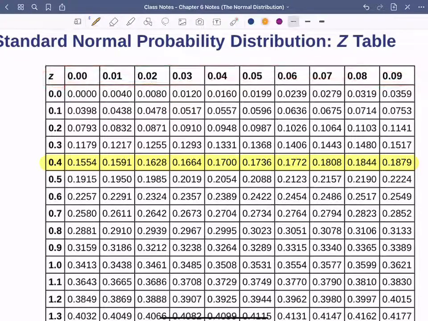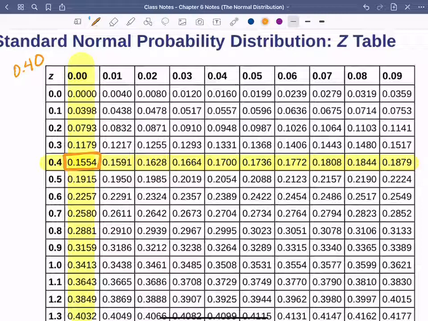So our number right now is 0.40. So the tenths place was right here, 0.4, and our hundredths place is 0, so we're going to be looking at this column. So where do they intersect? Right there at 0.1554. This is the probability of a value lying between our 63 and 65.